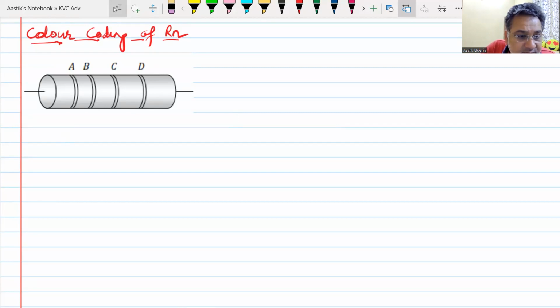Might not have seen this, but you might know this. The first two letters tell us the first two numbers or the first two significant digits. Color band A and B gives us the first two significant figures. C gives us the power of 10 and D gives us the percentage error.